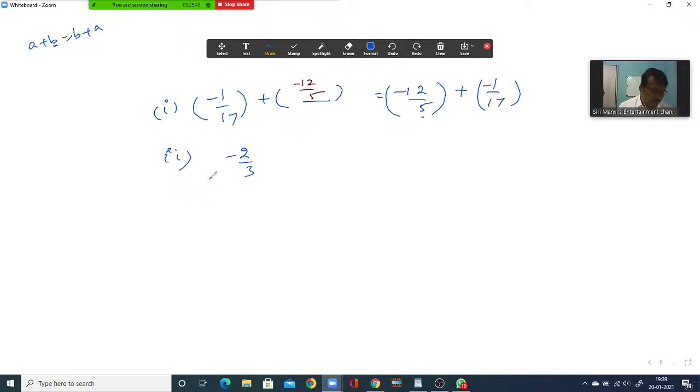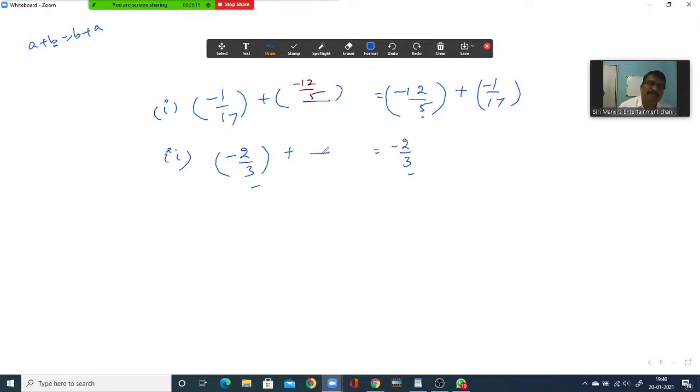-2 by 3 plus dash is equal to -2 by 3. So this is a rational number, and the result is the same rational number.